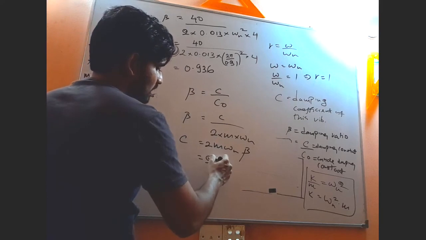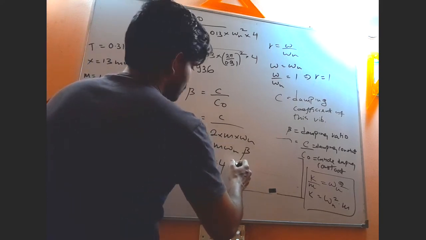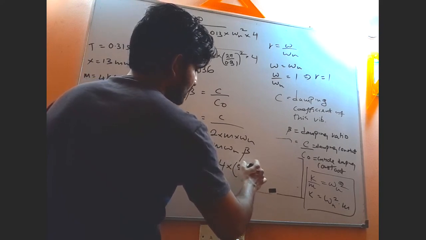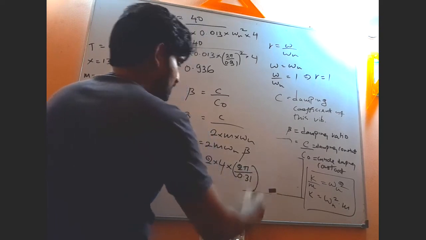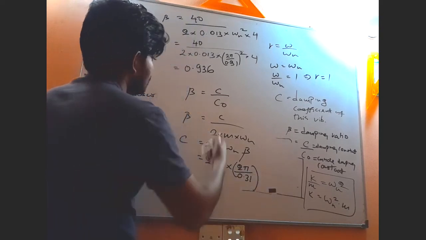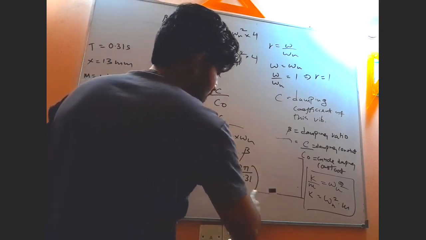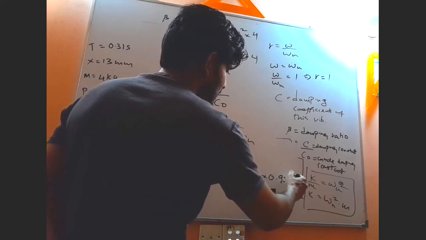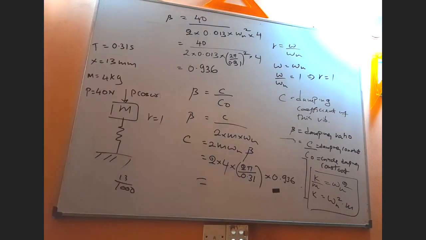So 2 multiplied by mass, which is 4. Natural frequency is 2 pi divided by 0.31. Damping ratio is 0.936. Let's calculate.